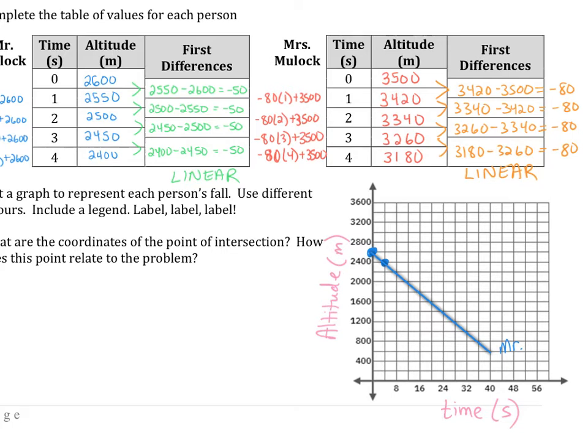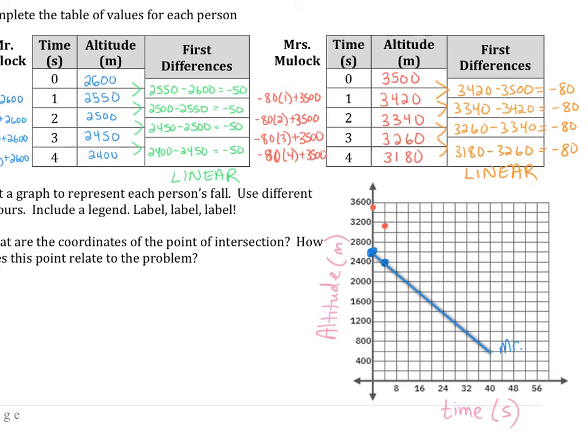Now for Mrs. Mulock, she's going to start at 3500, which is here. And at 4 seconds, she's going to be at 3180. And 3180 would probably be about here approximately.